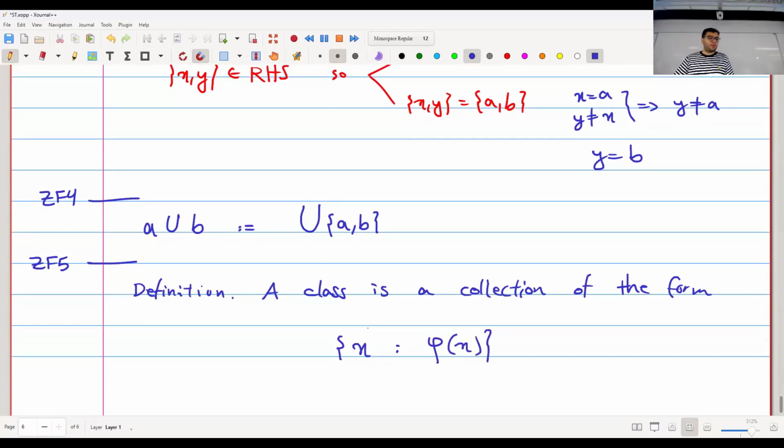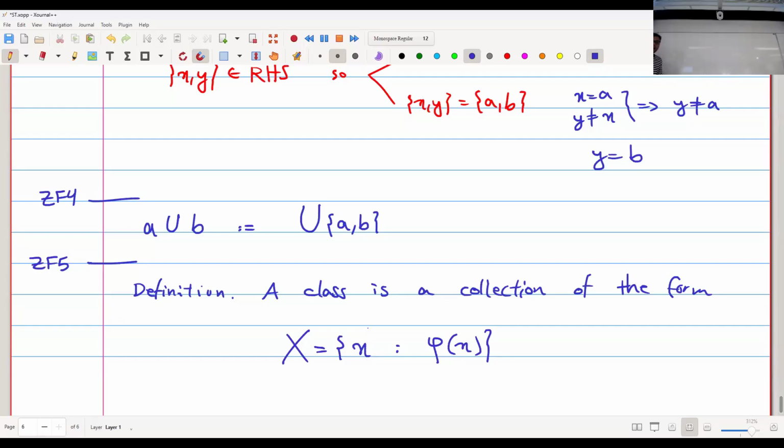These x's range over all sets, and this formula is a formula in my language. But whenever I create something like this, let's show it with big X, I'm no longer calling it a set. I'm calling it a class.